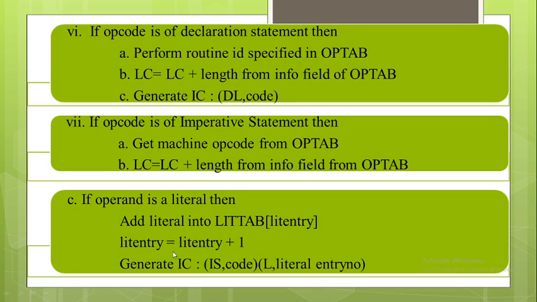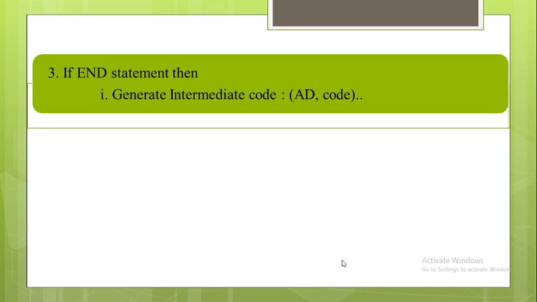The literal entry will be incremented by 1, and the intermediate code will have the entries IS, code, and the literal with the literal number entry. If it is the end statement, then it is going to generate the code AD with the proper value.